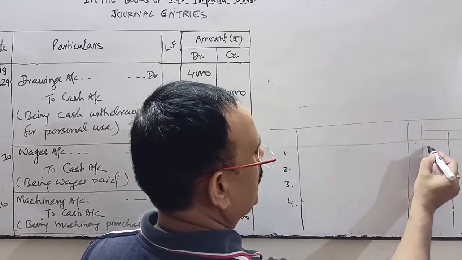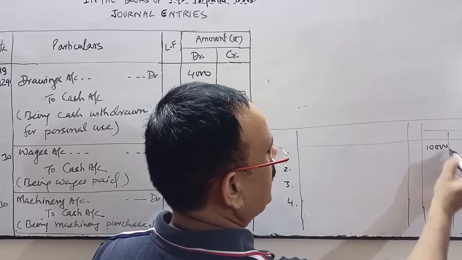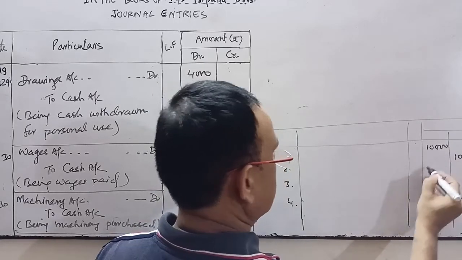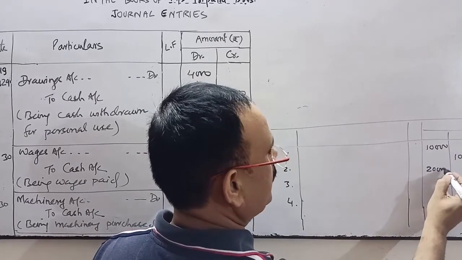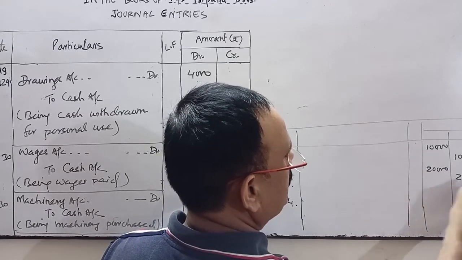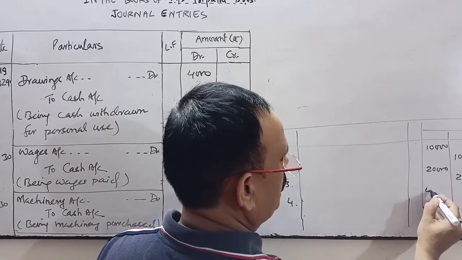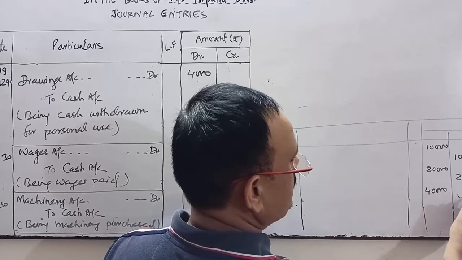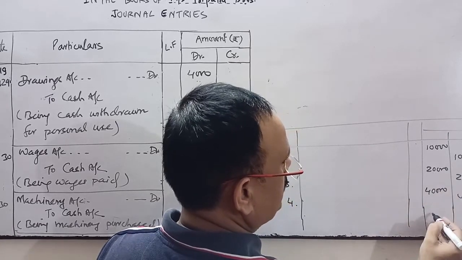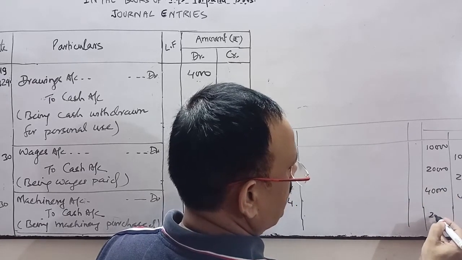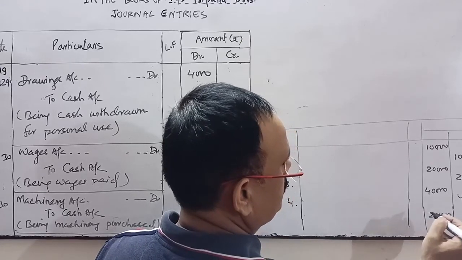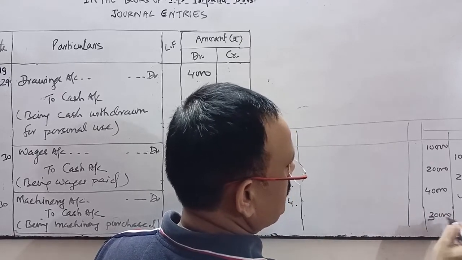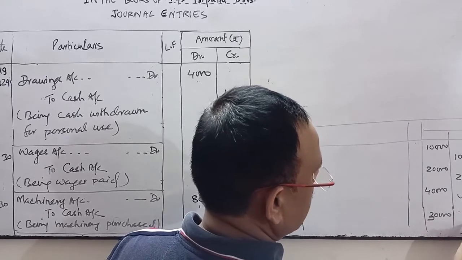Suppose in the first one you have written 10,000 debit and 10,000 credit. Second one 20,000 debit, 20,000 credit. Third one, suppose 40,000 debit, 40,000 credit. Thereafter, sorry, 30,000 debit, 30,000 credit.